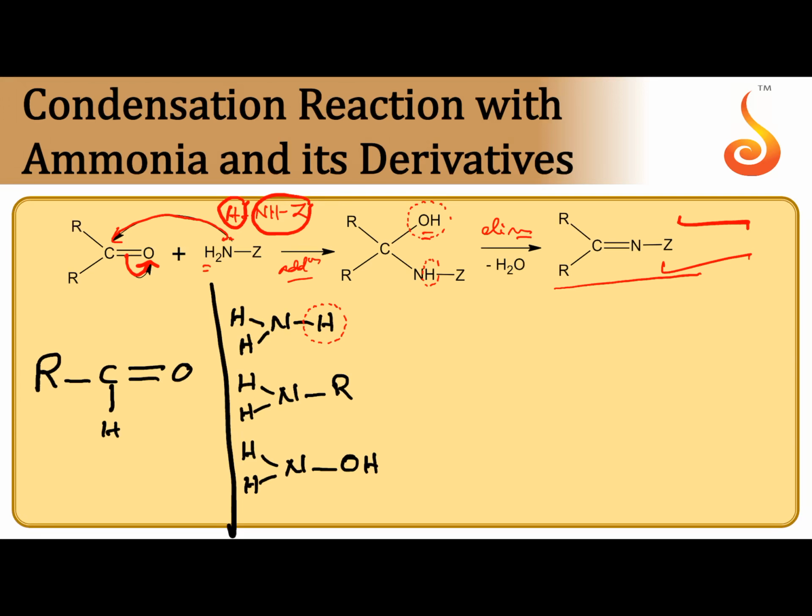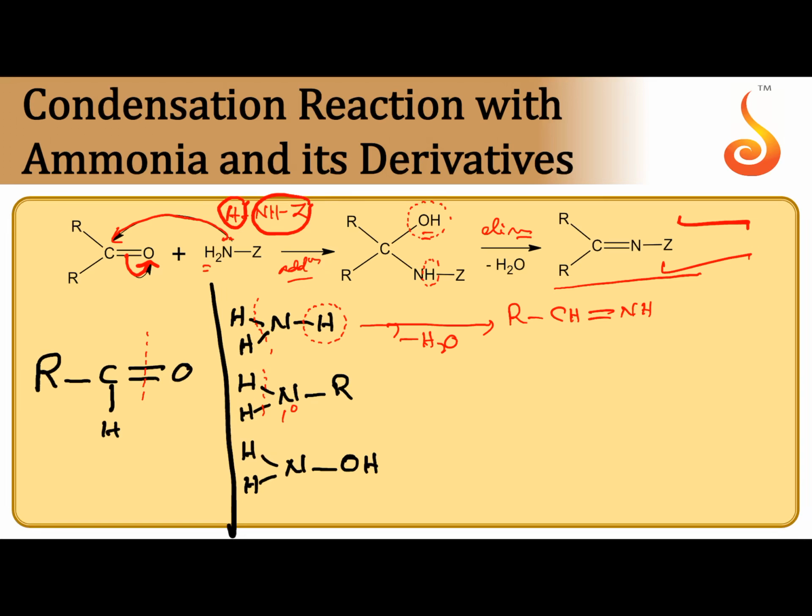If hydrogen is there in place of Z, oxygen and 2 hydrogens of nitrogen are both removed in the form of H2O, then the condensed product is nothing but RCH=NH. This is aldimine.